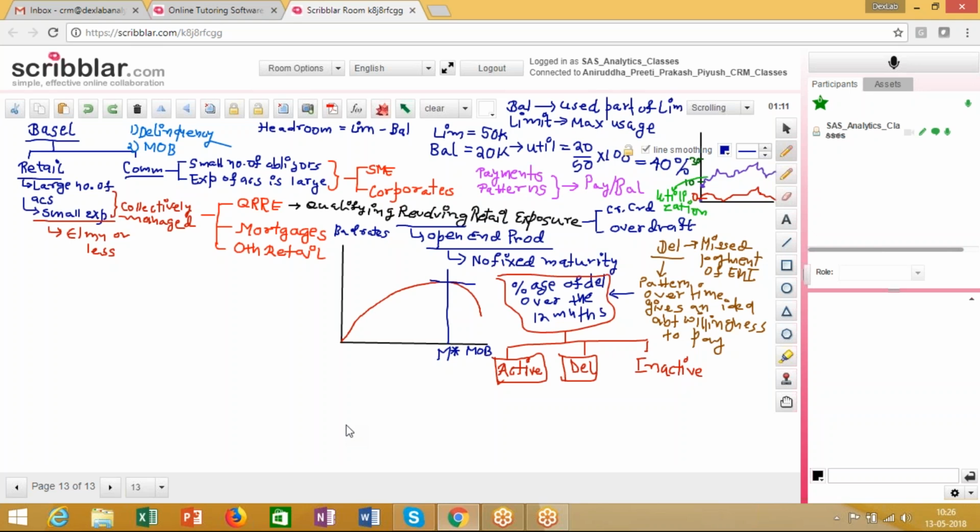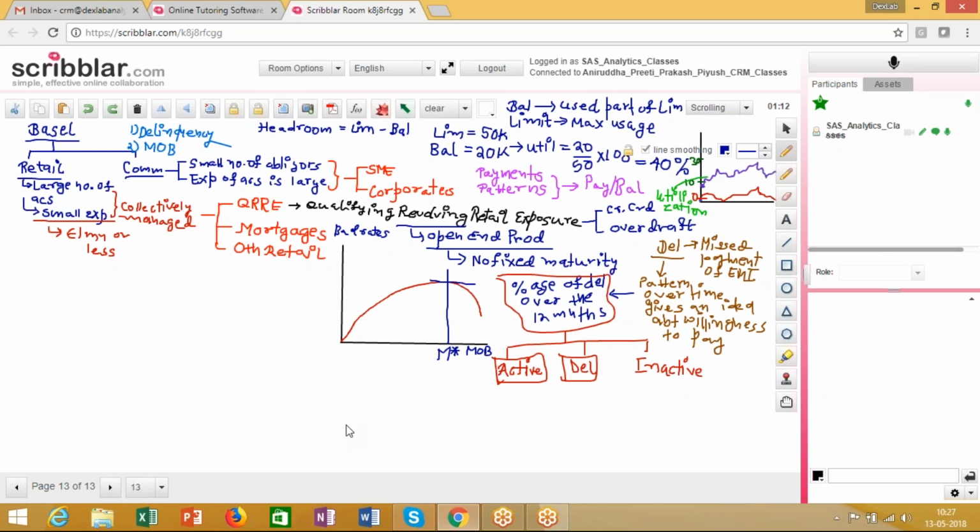So basically, what it means is that once the vintage of the borrower hits M star, right, the bad rates stabilize, and for accounts which have month on books greater than or equal to M star, those accounts become seasoned accounts, and once the accounts get seasoned, the overall bad rates start falling, right? So this is known as the seasoning analysis.